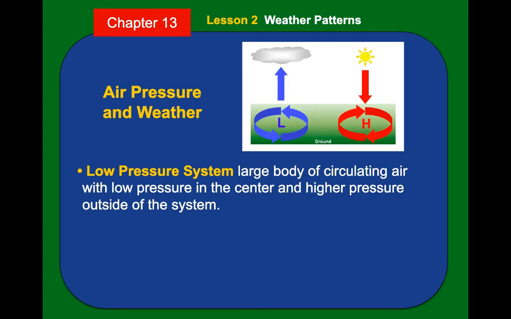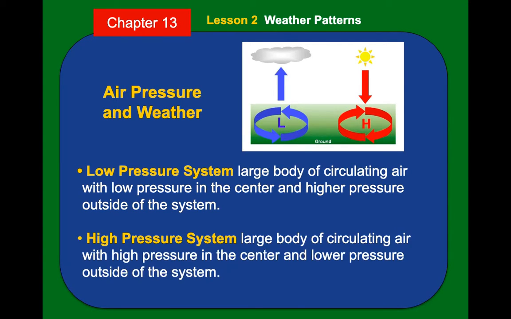And in a low pressure system, air is going to move in from the outside of the system. So remember, the low pressure, the air is rising in the center, so it's going to be pulling in air from the outside, just like when we talked about our convection current with our ocean breezes and our land breezes. The warm air is rising, pulling the air in from the other area where the higher pressure is.